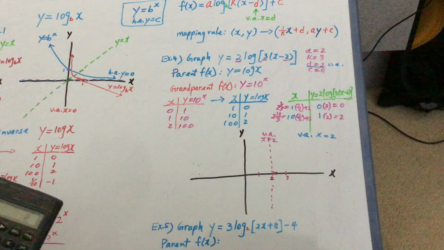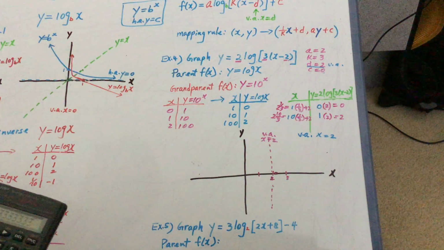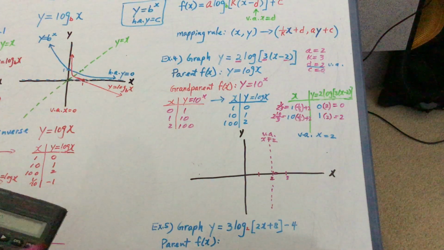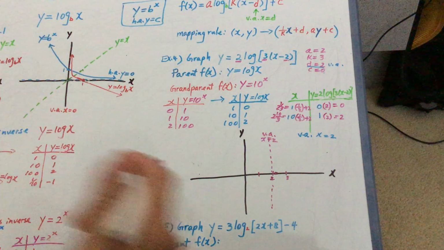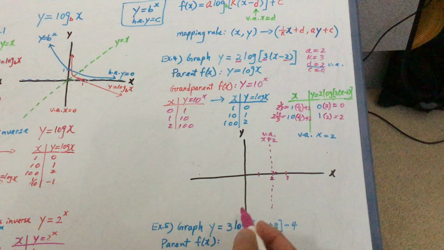If you think about 10 divided by 3, which is 3 point something, plus the 2, you're going to get 5.3 something.